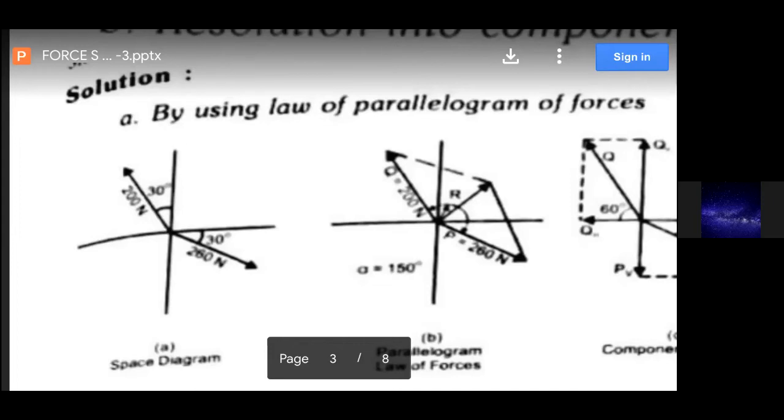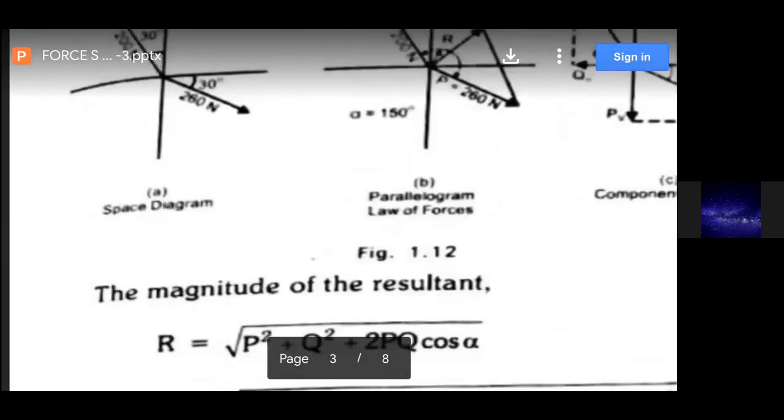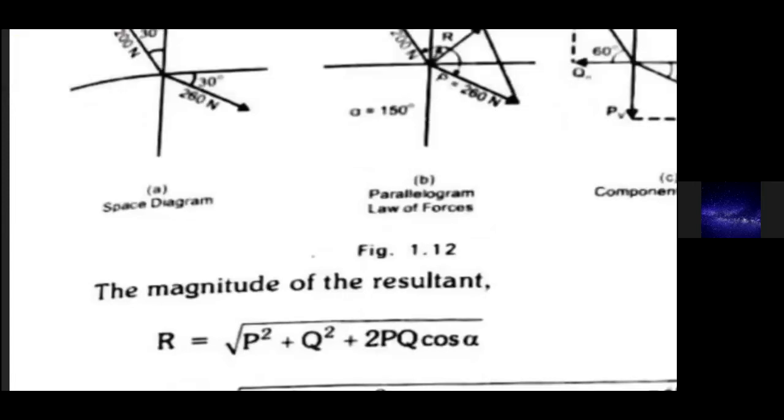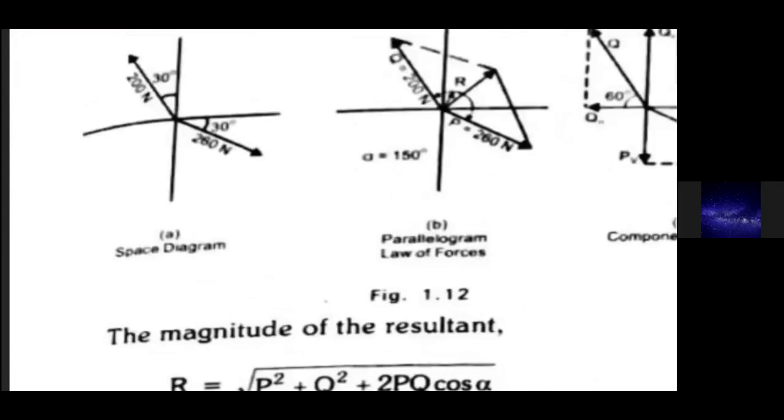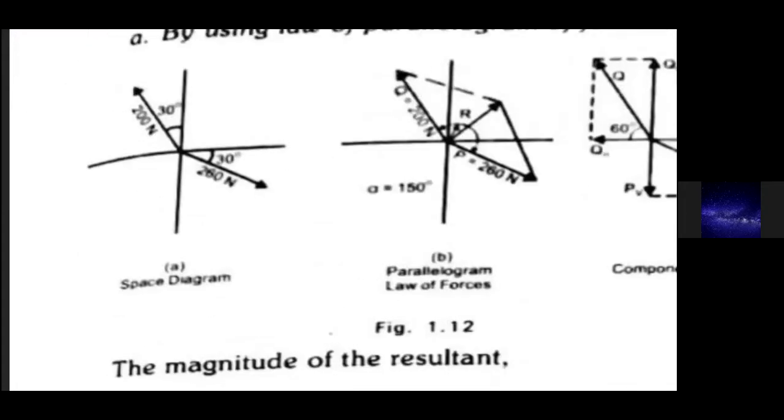There are two methods. First, we can find the resultant by the parallelogram method. Let us assume P equal to 200 Newtons and Q equal to 260 Newtons, and we have to find the angle between P and Q. Here the angle between P and Q is 30 plus 90 plus 30, so finally we get 150 degrees.